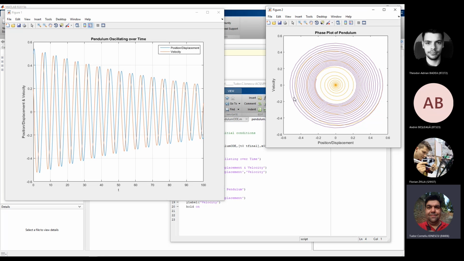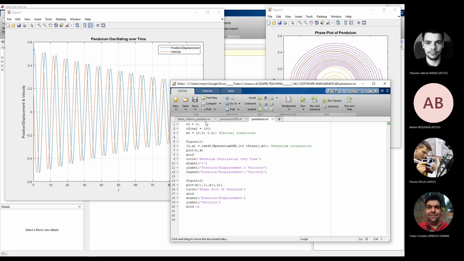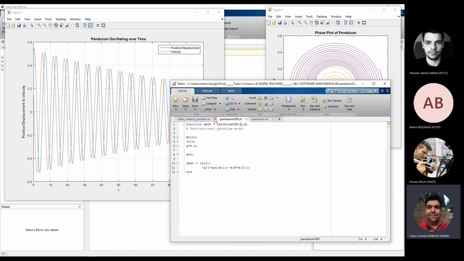This is called a focus point. It's a spiral, and we'll see what determines this spiral behavior. But look, now the oscillations, probably because the mass is so big, will die out very late. Let's go back here and change the mass back to 20.